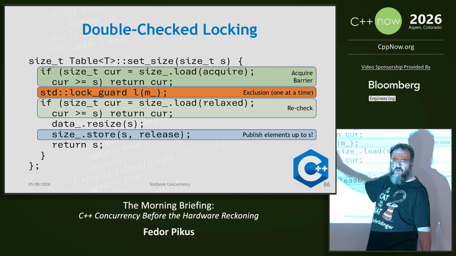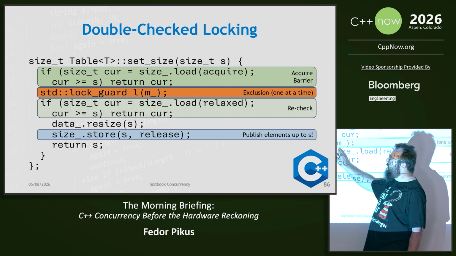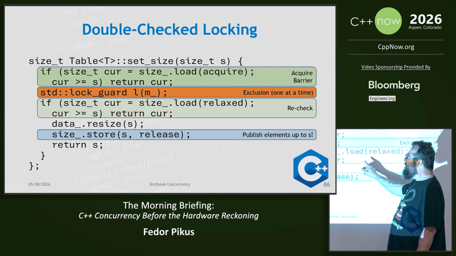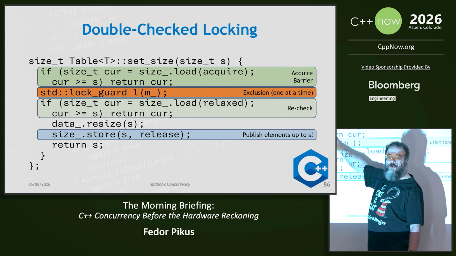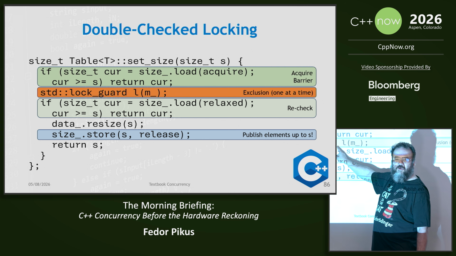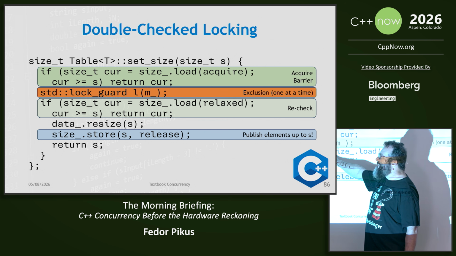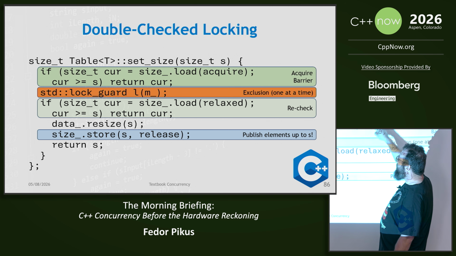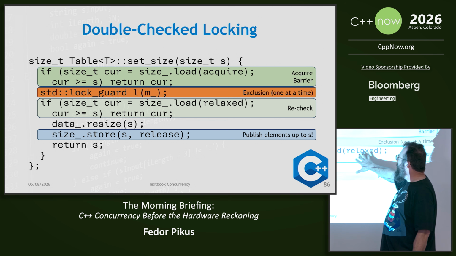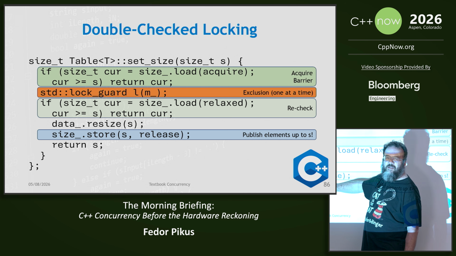For growing, I'm allowed to take the lock, so here's my mutex, I'm taking the lock. But wait, somebody else might have grown it already between the time I checked and the time I took the lock. So now I need to check it again. That's why it's called double-checked locking. This time I don't care about barriers, I'm inside the lock scope, there is an acquire at the beginning, release at the end.